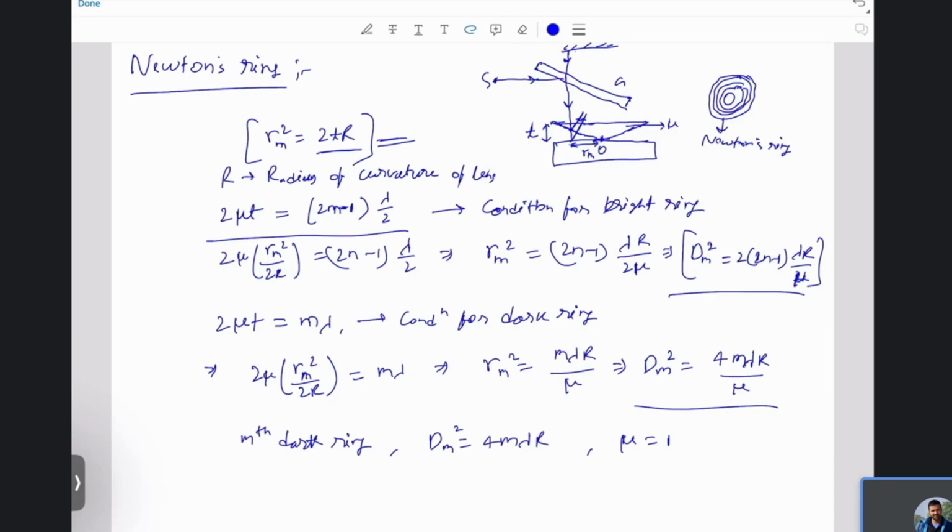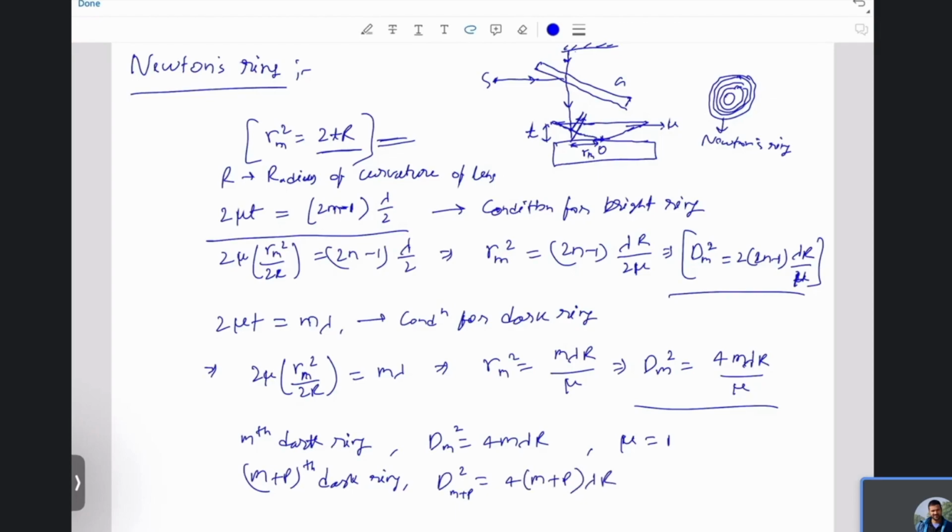And so suppose the next dark ring, so suppose m plus pth dark ring, will be at 4 times m plus p lambda r.